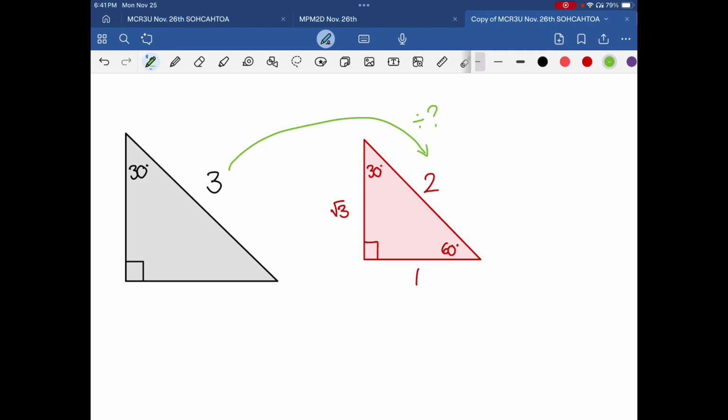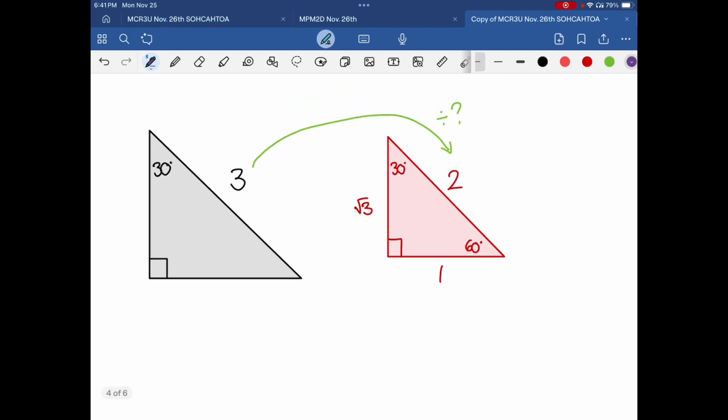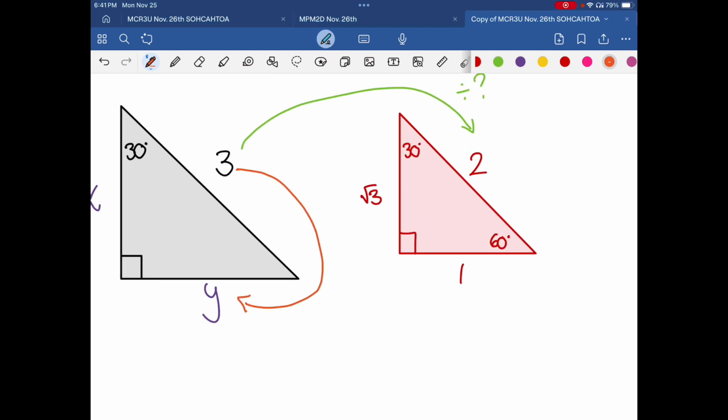But one easier tactic, and I would suggest you go from the hypotenuse to the side length opposite to 30 degrees.